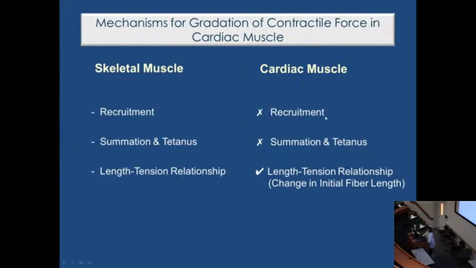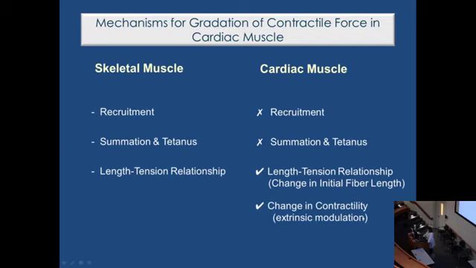Okay, so here we have, in terms of the mechanism for graduation of the contractile force, that cardiac muscle cannot use recruitment, nor summation and tetanus, but it can use the length-tension relationship that is considered an intrinsic mechanism, and it also uses change in contractility that is considered an extrinsic modulation.